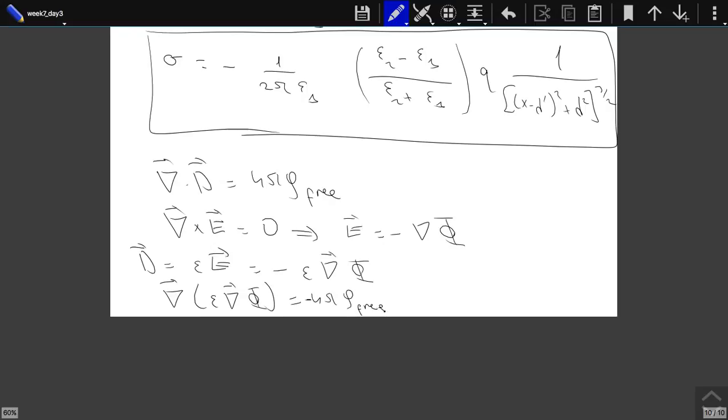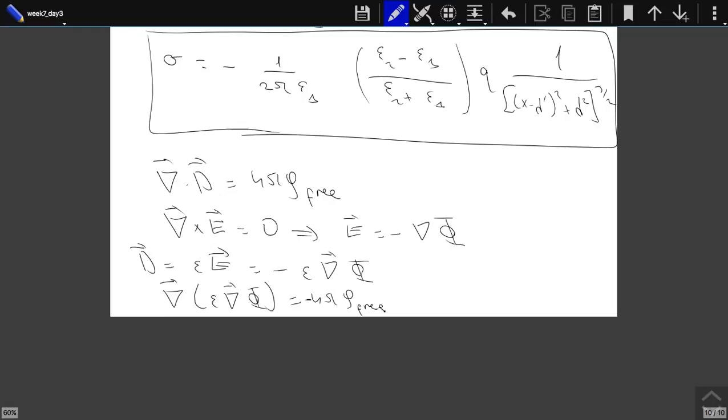By rho free, we mean the charge density corresponding to free charges, the charges that we are controlling. I didn't take epsilon out on purpose because it need not be constant. We had seen many examples where this basically takes two discrete values in different regions.